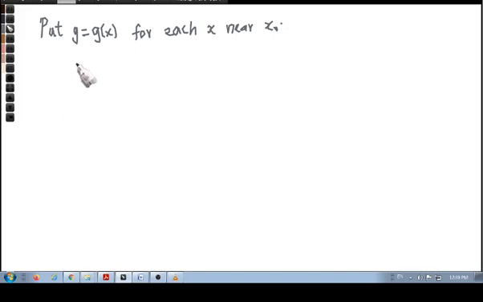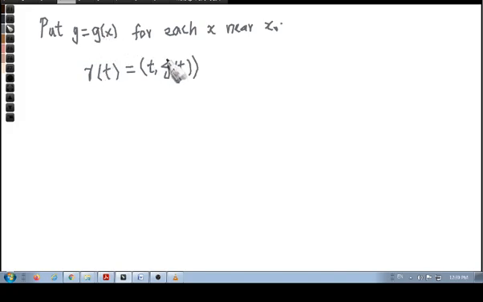Therefore, I am going to look at a parameterization gamma(t) equal to (t, g(t)), where x equal to t and y equal to g(t).